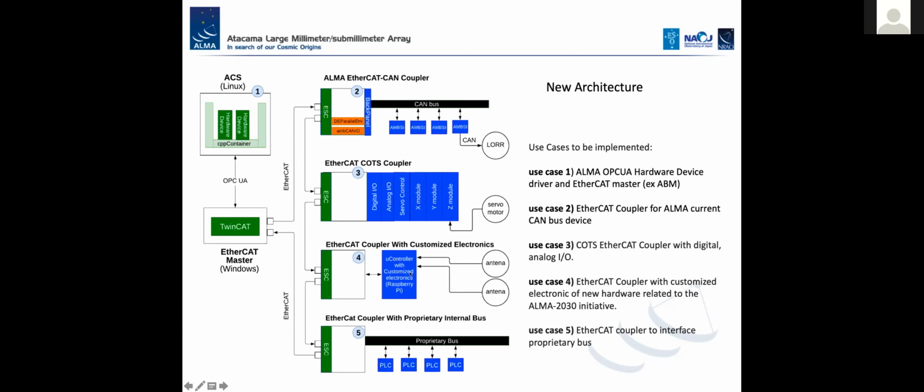Instead of designing something they don't know yet, having a framework or a standard will simplify things for both parties. And use case number 5 is just a generalization of the other cases. If another subsystem or big system has a proprietary bus, we can also interface it by developing a specific EtherCAT coupler.